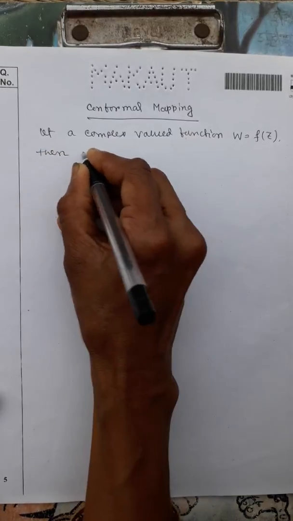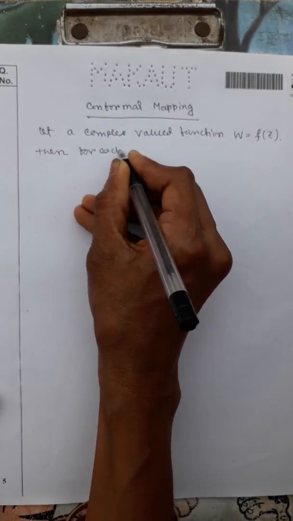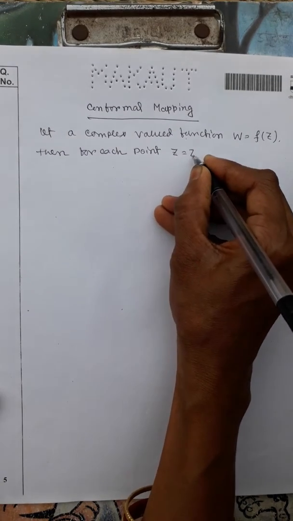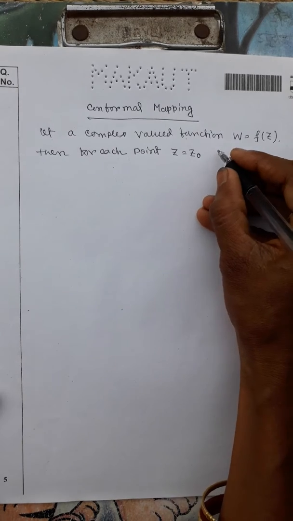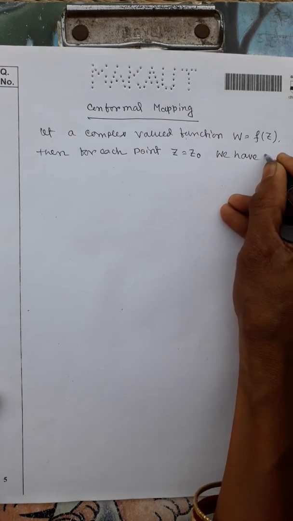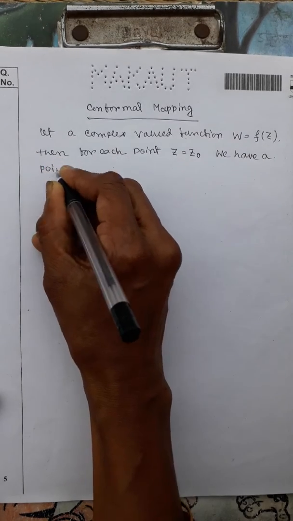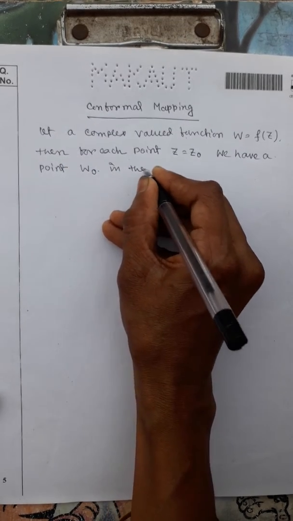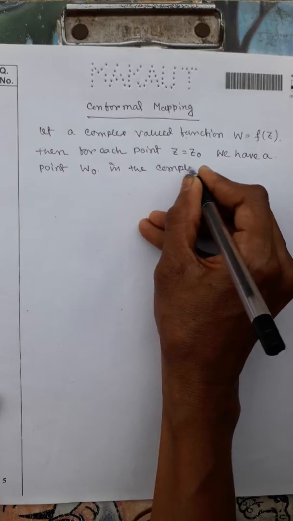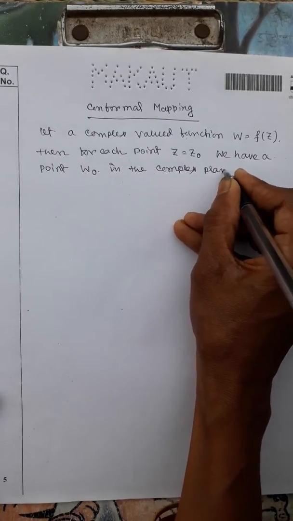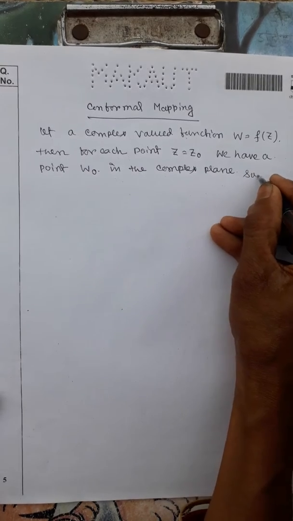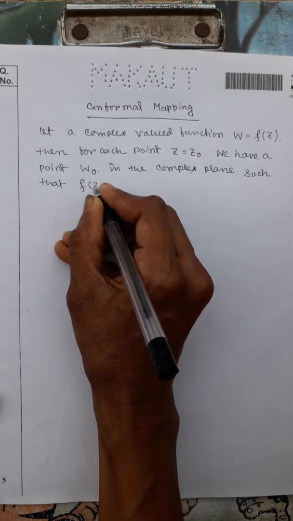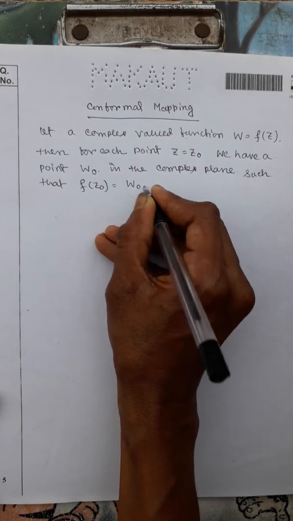Then for each point z = z0, we have a point w0 in the complex plane such that f(z0) = w0.